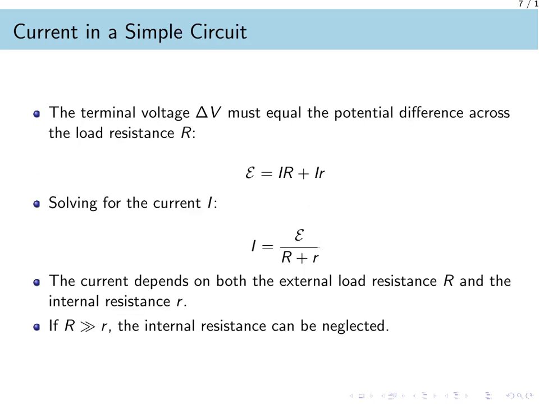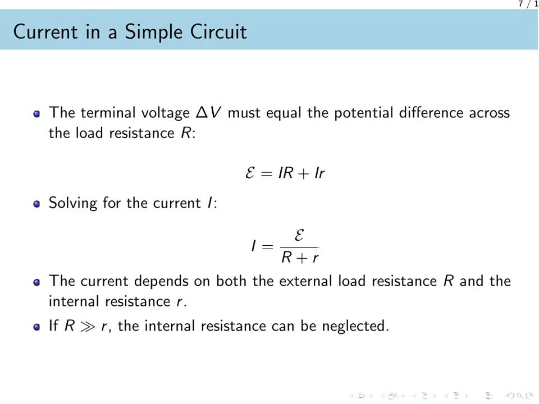In a simple series circuit, the terminal voltage provided by the battery must be entirely consumed by the external load resistance, R. This gives us the equation EMF equals I times R plus I times r.